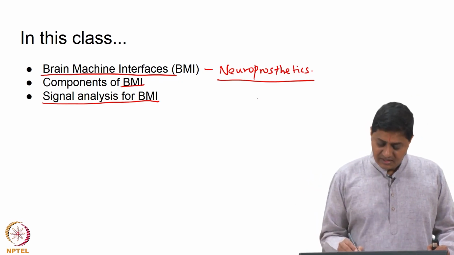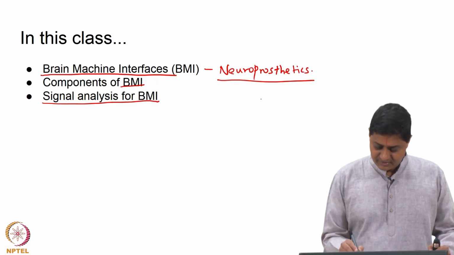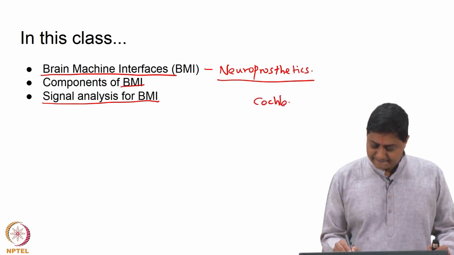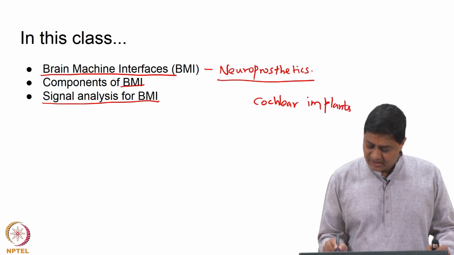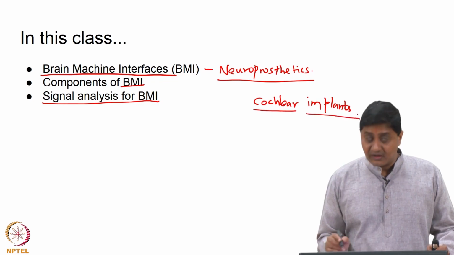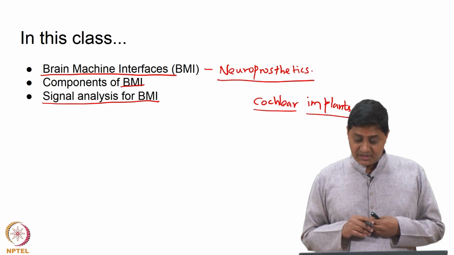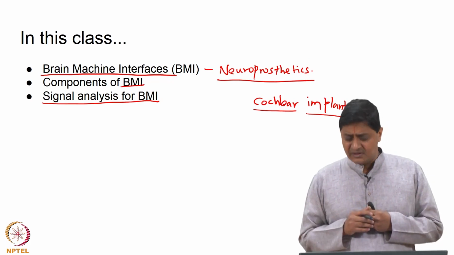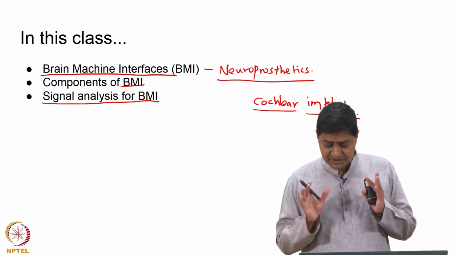This is in the prosthesis of the auditory system, for example cochlear implants. In my limited view, or in my limited reading, I believe that cochlear implants or auditory prosthesis has made substantial progress within the neuroprosthetics field.